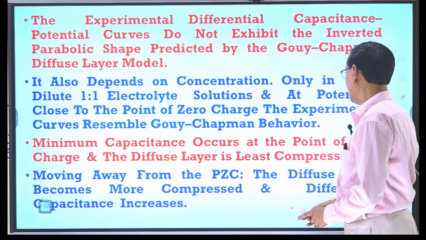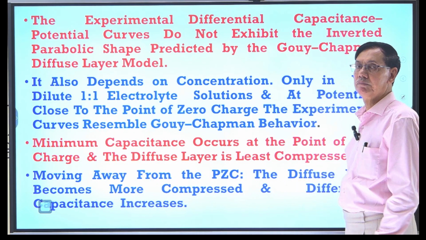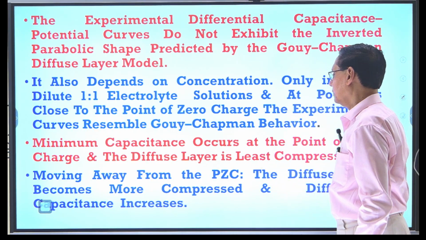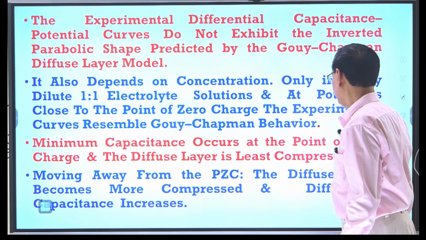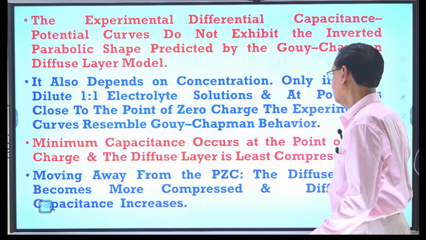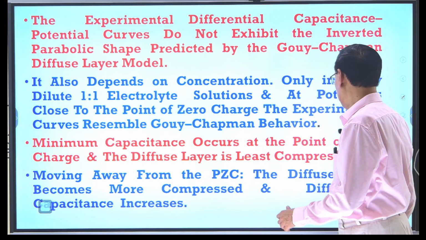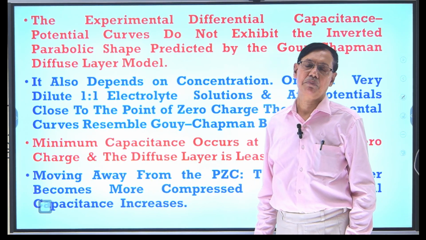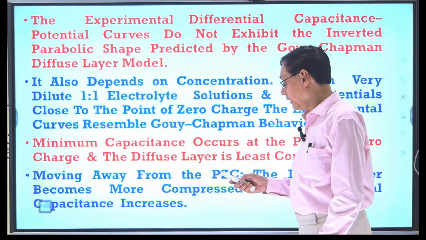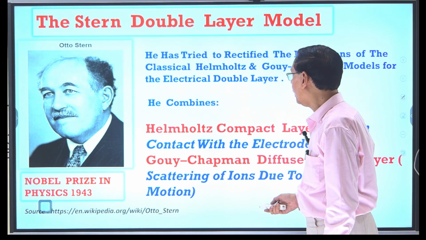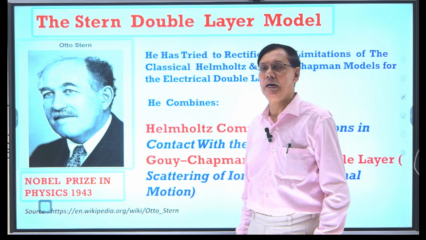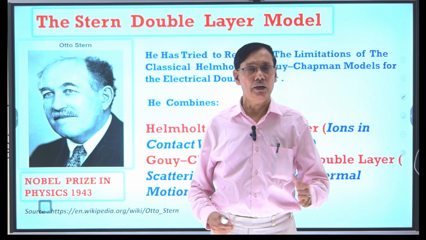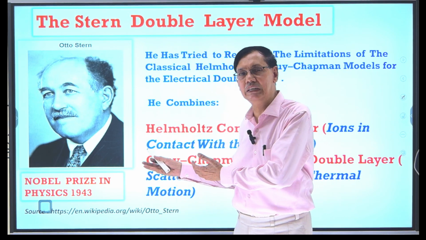The diffuse layer is least compressed there, but as we move away from the point of zero charge, the diffuse layer becomes more compressed and differential capacitance increases. So this behavior could not be explained by Gouy and Chapman. Therefore, you can start from here.